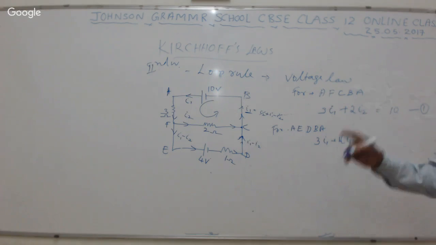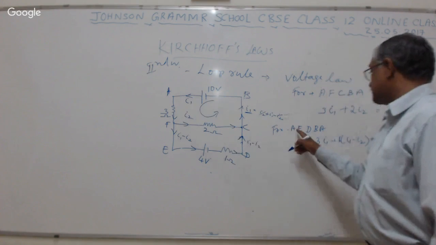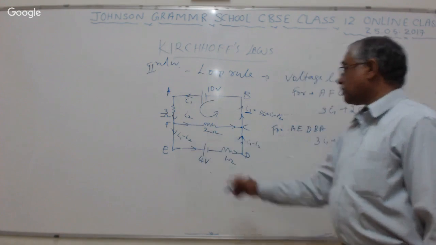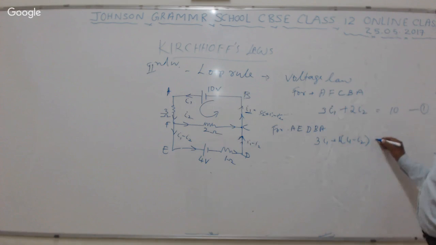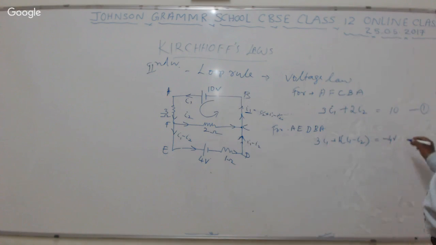But you have two cells coming. Now, when you start from A, you are entering through a positive terminal, so we take it as a negative value, minus 4 volt, and here we are entering through the negative terminal, so that will be plus 10 volt. So this is the second equation.